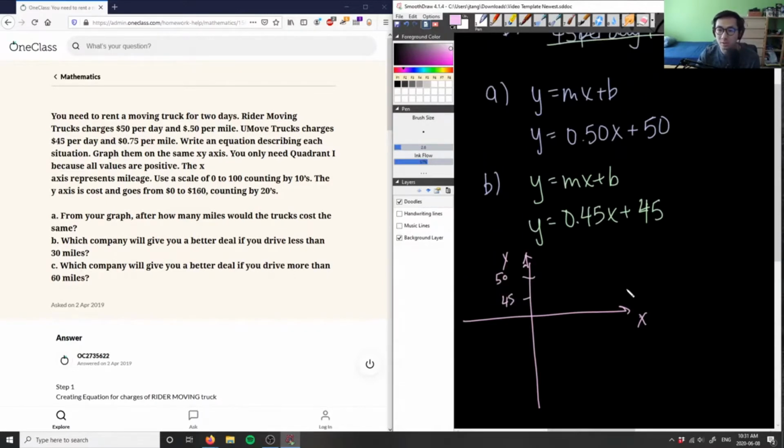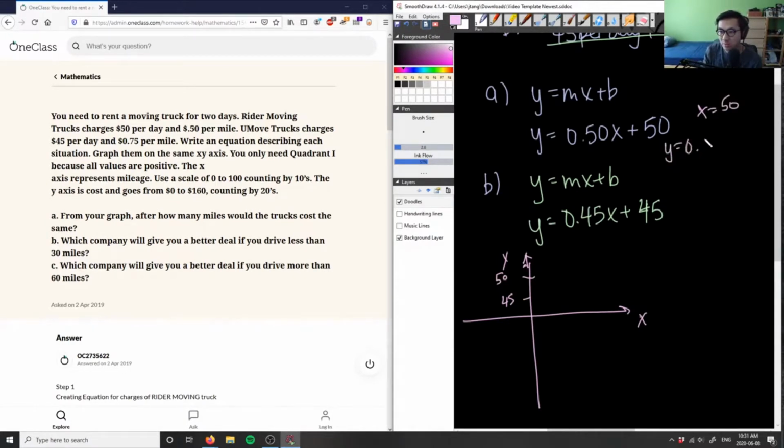Then we can either do a rise over run to figure out the next point, or we can just sub in an arbitrary x number to figure out what the next value is. In this case, I'm just going to sub in, let's say we drive 50 miles for each of them. So let's say if x equals 50, what is y?